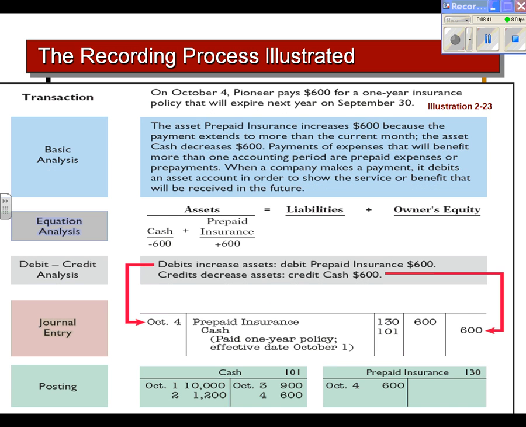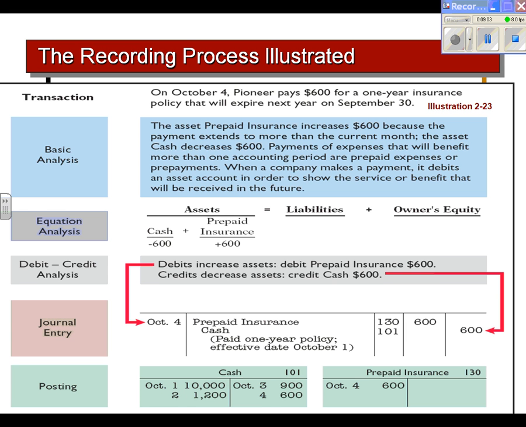All right, and then let's look at this one. October 4th, Pioneer pays $600 for a one-year insurance policy, which will expire next year on September 30th. Okay, this is the reverse of that revenue. This is a case where we're paying, so cash is going to be reduced. So I'm reducing my cash by 600. But this is a benefit.